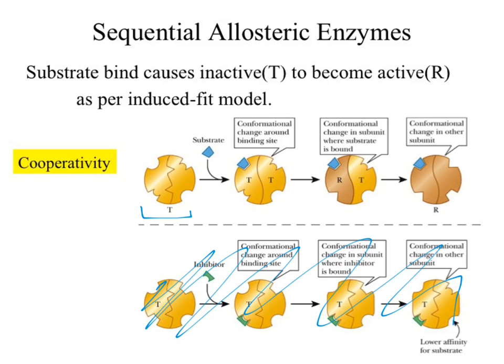So we take our overall enzyme with ultimately two T states. Substrate binds, initially relatively weakly. That substrate then causes one of our T states to change its shape to convert it into now an active enzyme.